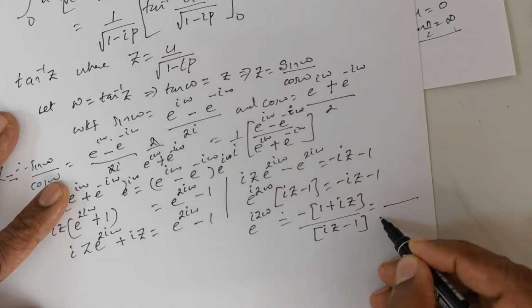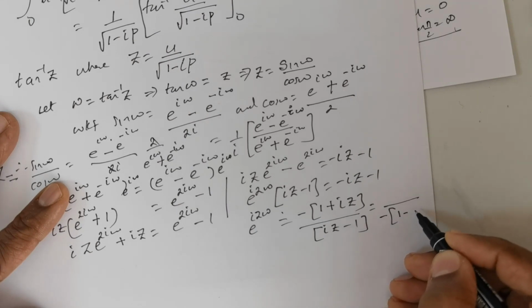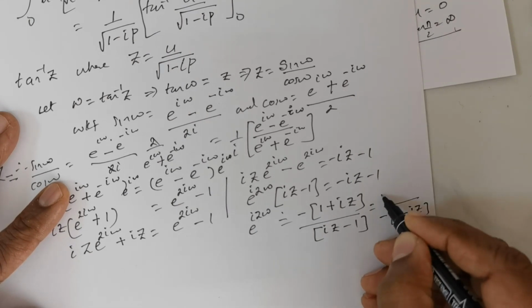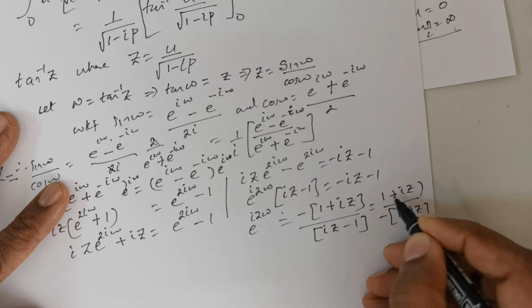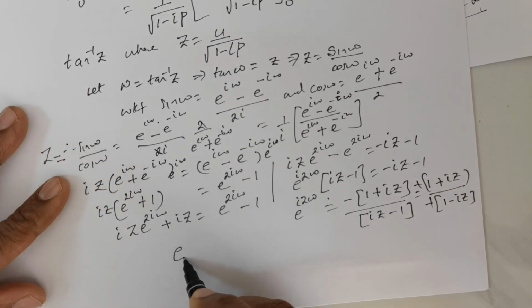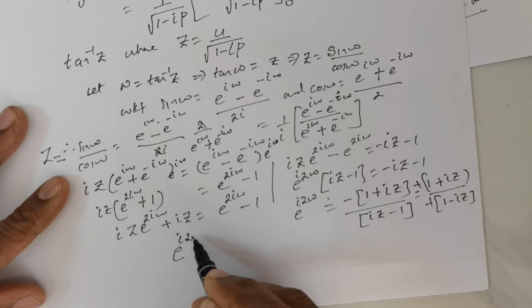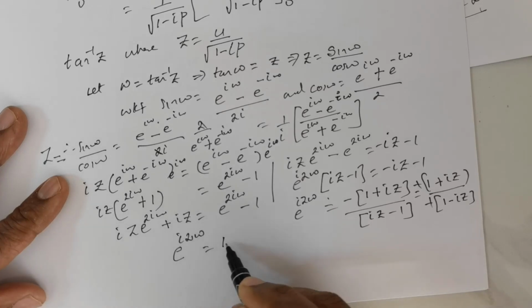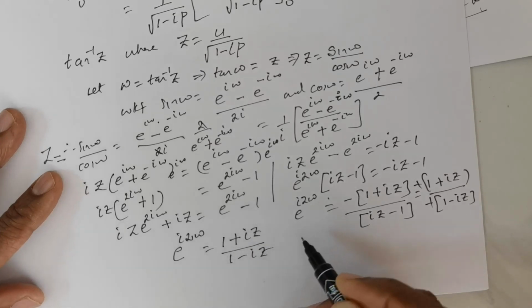So I'll take the negative sign out and rewrite it as 1 minus i times z. This is 1 plus i times z. You have a negative sign, so both the negative signs get cancelled. So this is going to give me e raised to the power of i times 2 omega is equal to 1 plus i times z divided by 1 minus i times z.